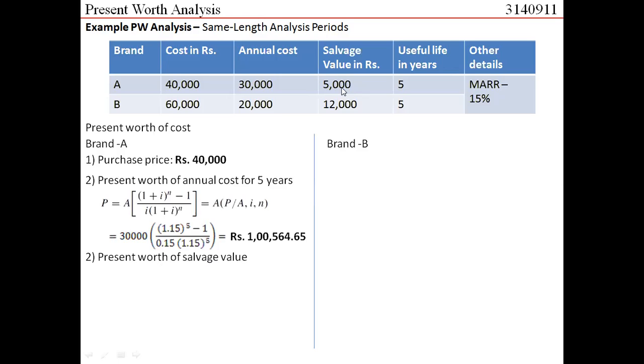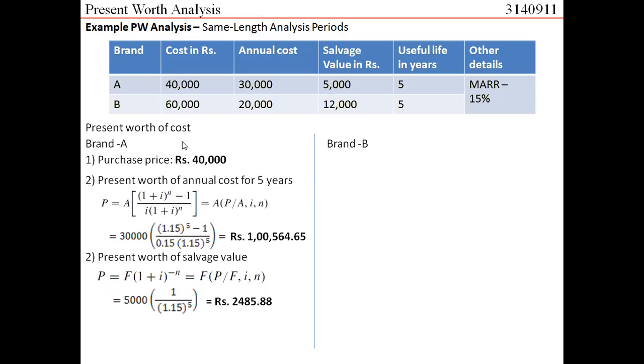So what would be the present worth of this 5,000 which I am going to get after 5 years? For this, we may use the relation of compound interest. That is, the present value of the future sum would be P equal to F(1+i) raised to the power minus N. According to this, if I calculate, I would get this figure.